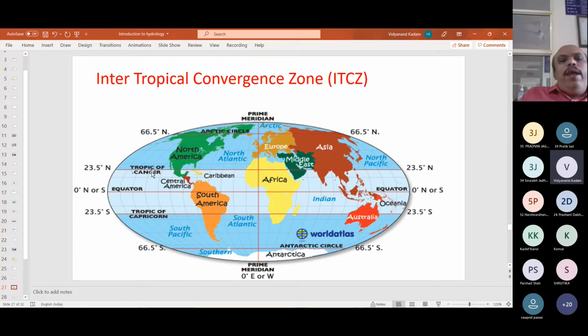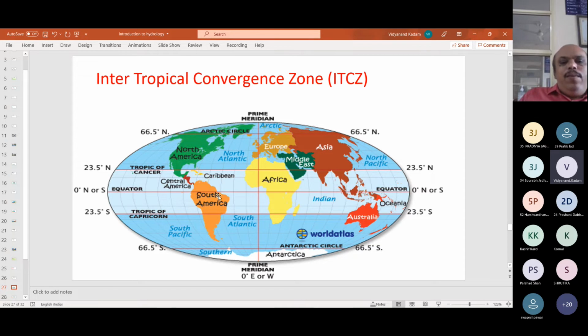Consider the area between tropic of Cancer and tropic of Capricorn. This area is known as a tropical belt. Is it clear? A part of India, or majority of India, lies in the tropical belt. And in the tropical region, generally the precipitation takes place due to monsoon.